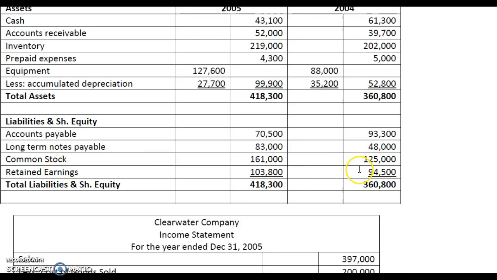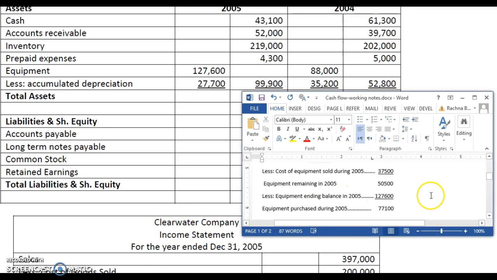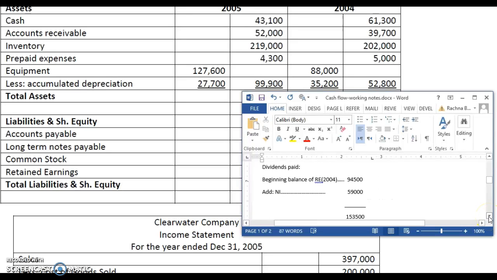Now we will check the difference between the beginning retained earnings and the ending retained earnings to get our figure for payment of dividend. So to calculate the payment of dividend, the working note, you always start with the beginning balance of retained earnings.